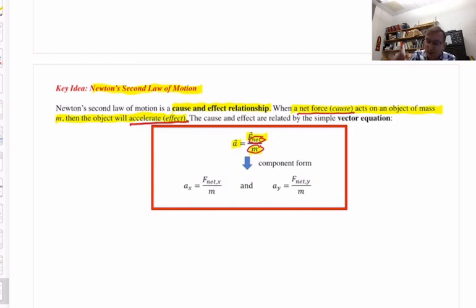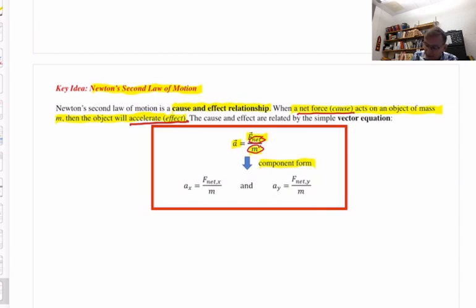Now, the way we're going to use this statement of Newton's second law in solving problems is by writing it in component form, because it's an equation with vectors. So everything has to be done by components. And I can't emphasize too strongly how important it is to deal by components with Newton's second law.